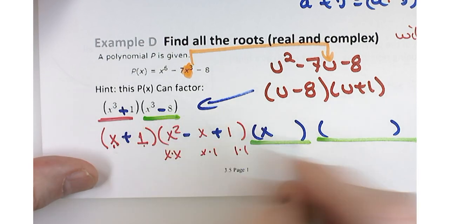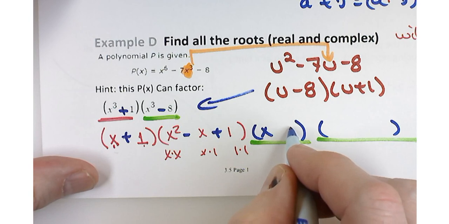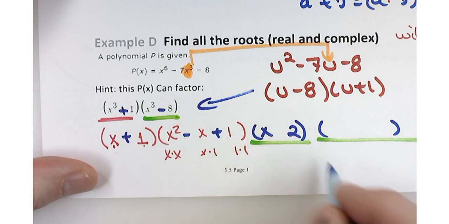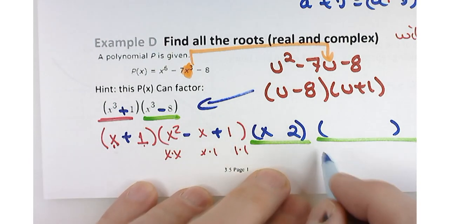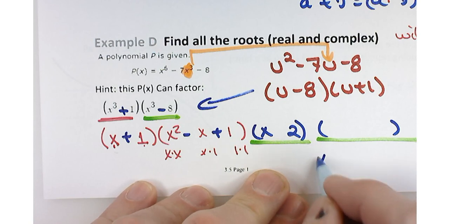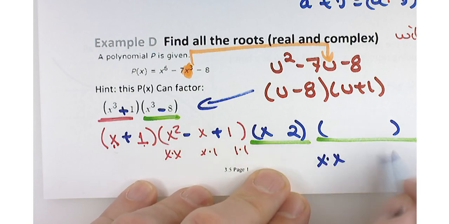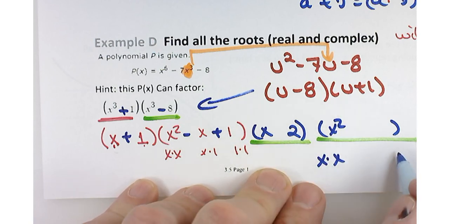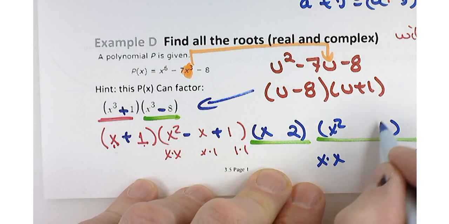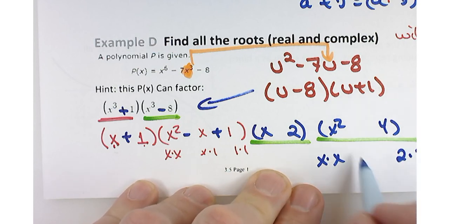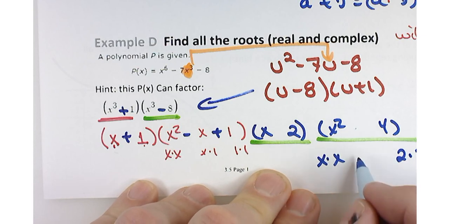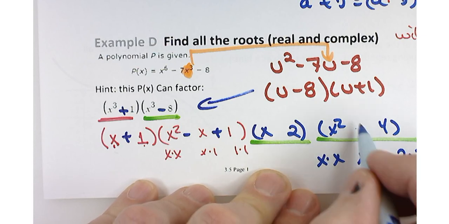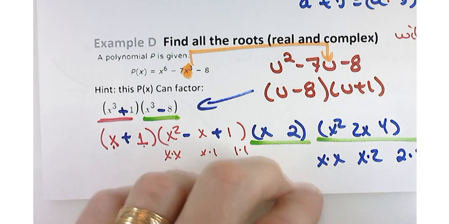What do you cube to get the second term? 2. And now take these terms, don't worry about the signs until you're all done. Take these terms and figure out what goes in between. It's going to be x times x. That'll be an x squared. 2 times 2 is a 4. What term am I going to put in between these things? 2x. Yeah, x times 2, or better yet, 2x.